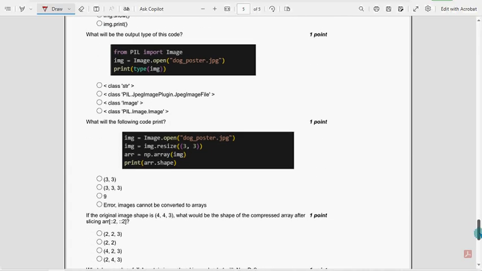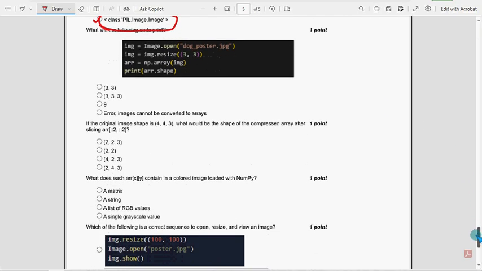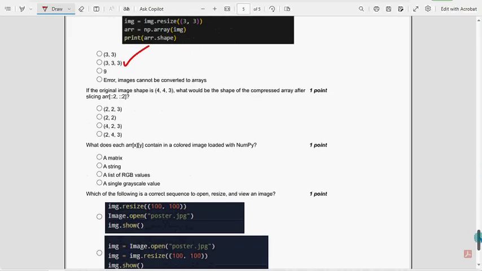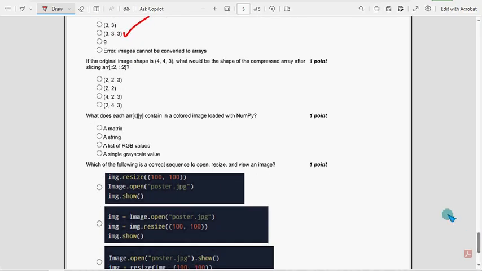Next, the 25th one. For the 26th one, the fourth option could be the probable one, guys. Next, the 27th question. For the 27th question, the second option could be the probable solution. The 28th, first option is the probable one, guys.